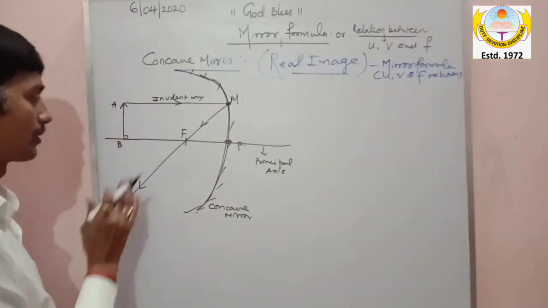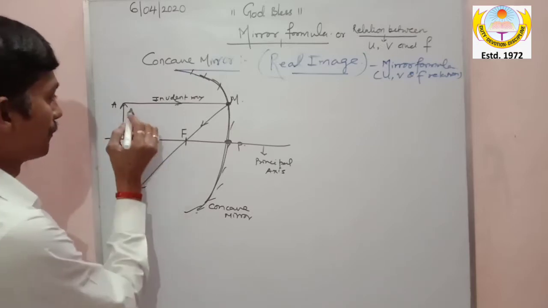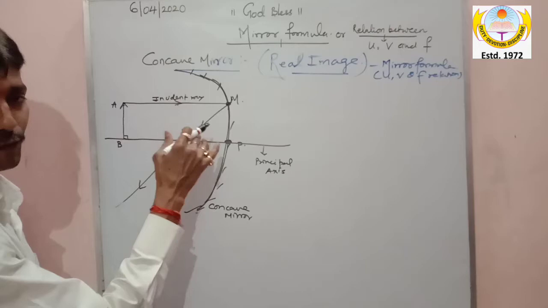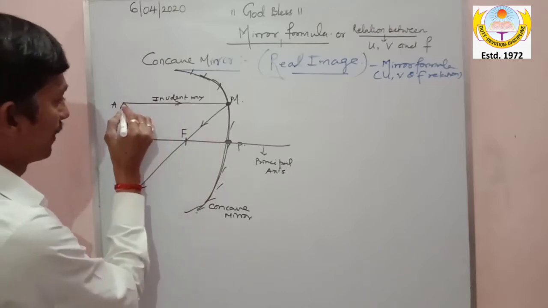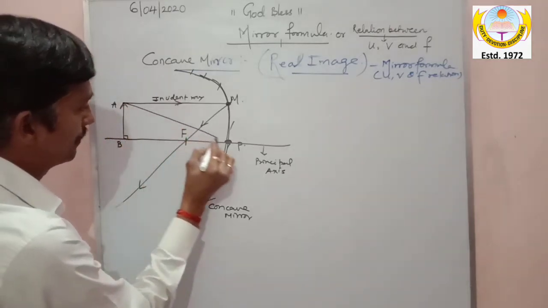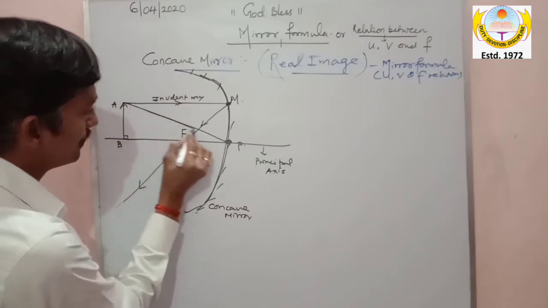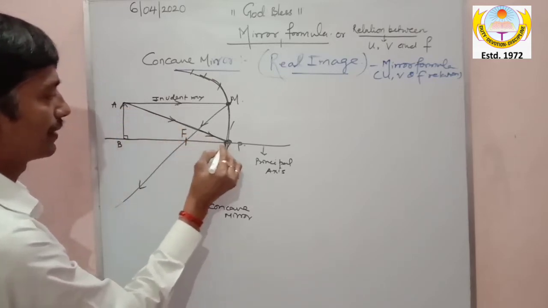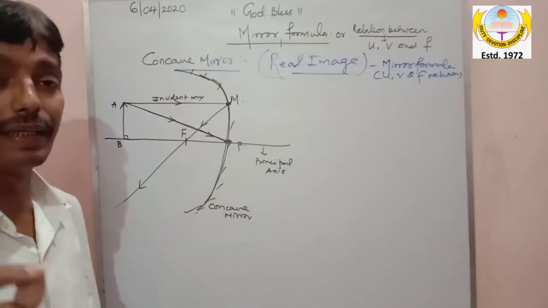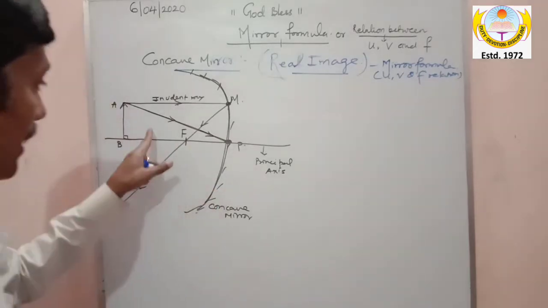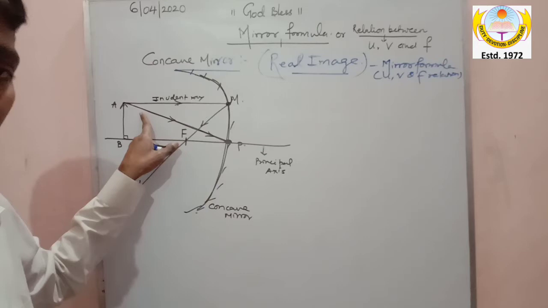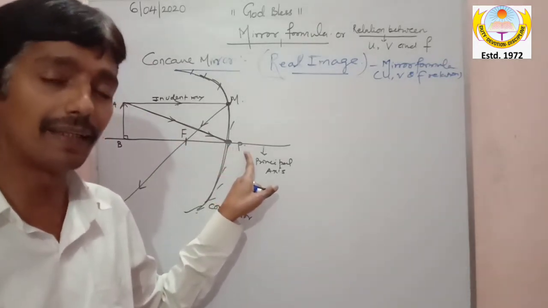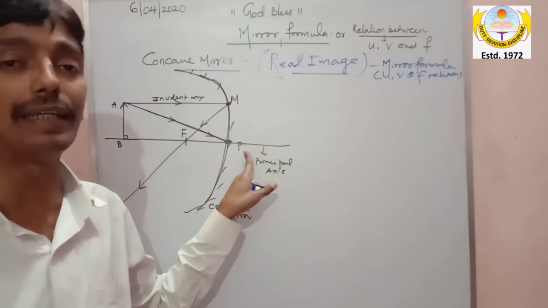You know the rules. Now one ray will come, again from the object. So light will come from the object only. Say one ray will come from A to P, like this. Such incidence is called oblique incidence. My dear, if the ray from the object reaches point P at the pole, these incidents are called oblique incidence.